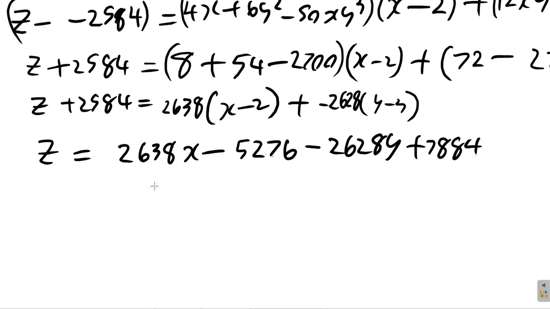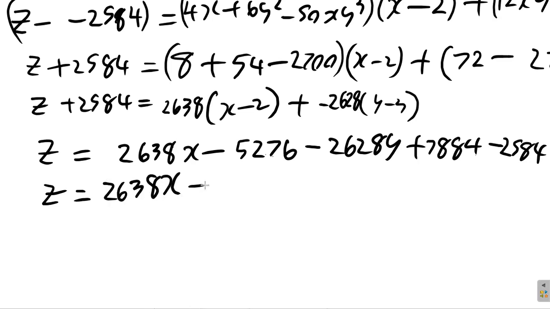And you subtract 2584, which is here, you subtract that. So z equals now negative 2638x minus 2628y. Your numbers now, you have negative 5276 plus 7884 minus 2584, which is 24.